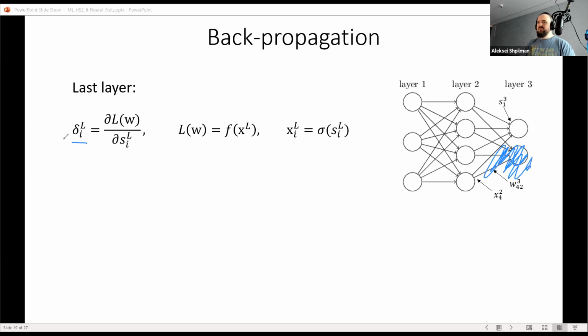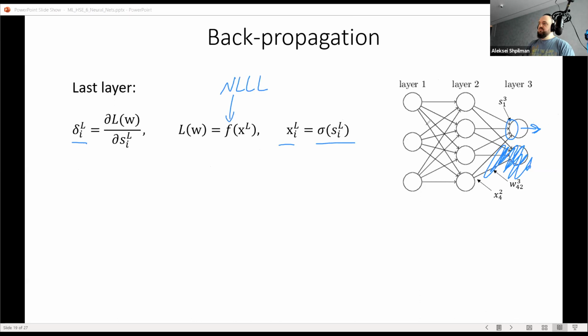So the incoming signal goes through sigma, and the X^L is just sigma of S^L. And this is our negative log likelihood loss, which we know is differentiable.